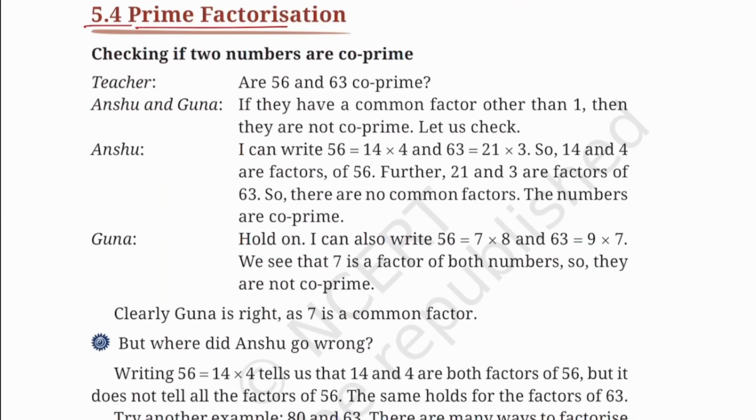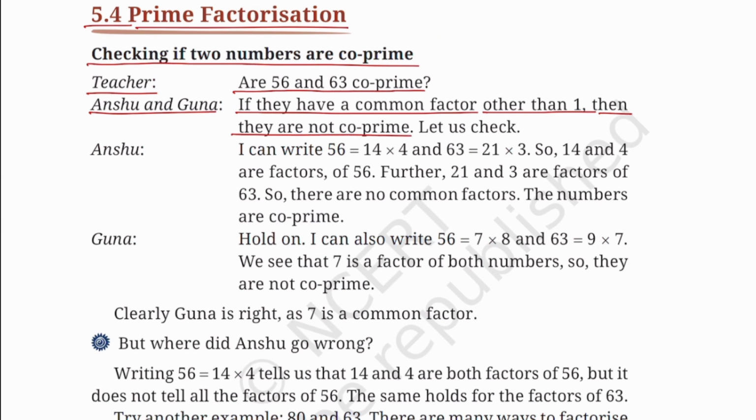5.4 Prime factorization. Checking if two numbers are co-prime. Teacher: Are 56 and 63 co-prime? Ansu and Guna: If they have a common factor other than 1, then they are not co-prime. Let us check.